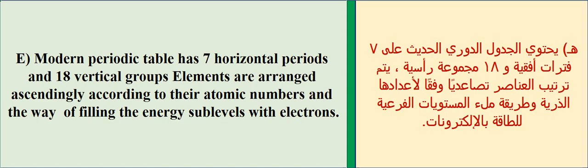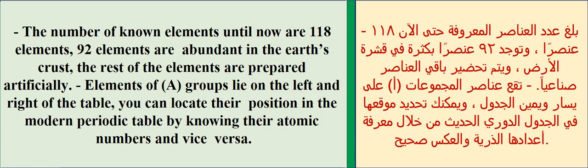Elements are arranged ascendingly according to their atomic numbers and the way of filling the energy sublevels with electrons. The number of known elements until now is 118 elements. 92 elements are abundant in the Earth's crust, the rest of the elements are prepared artificially.